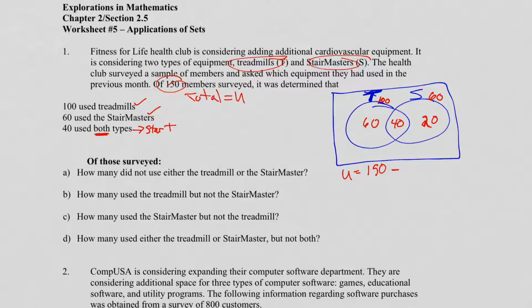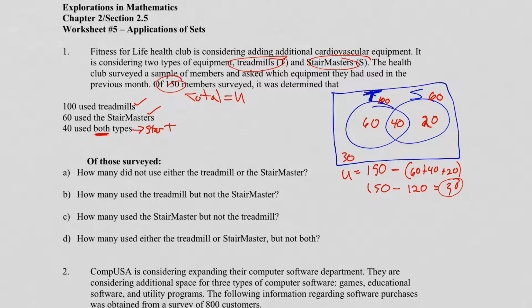We're going to subtract 60 plus the 40 and the 20. Once you do that, you got region 4. So it's 150 minus 120, which equals 30. And that's it, okay? So once you fill out the Venn diagram as such, now you can answer the question.